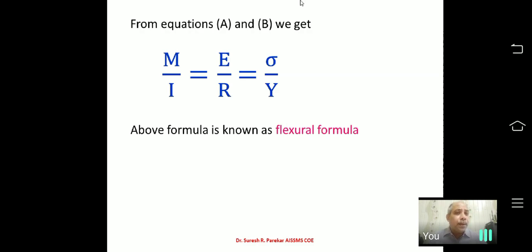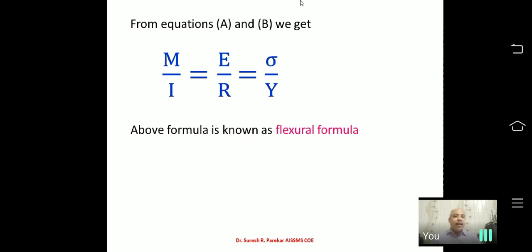Now keep in mind, whenever we go for plotting of bending stress and shear stress, we are always confused whether the stress diagram is a parabola or a linear line. Keep in mind, here we have bending, B-E-N-D-I-N-G. The last two letters are I-N, and you can see linear.